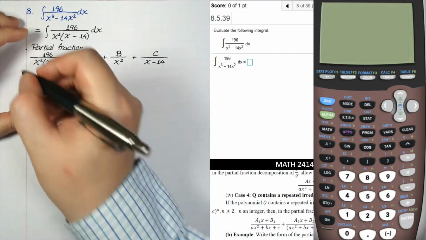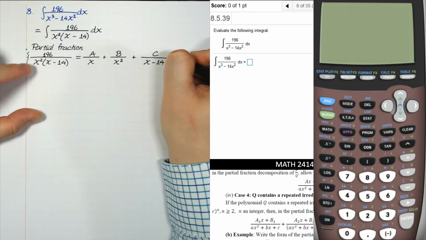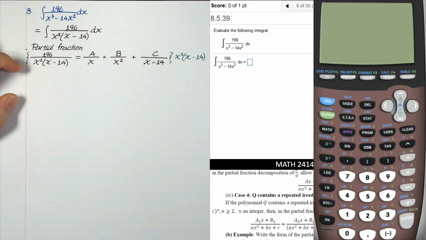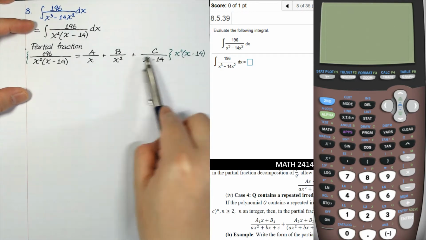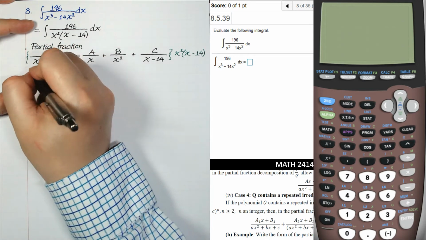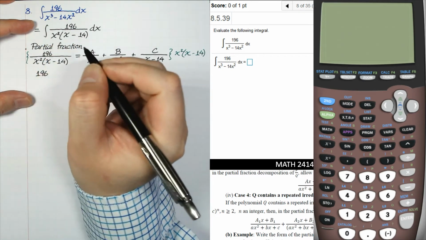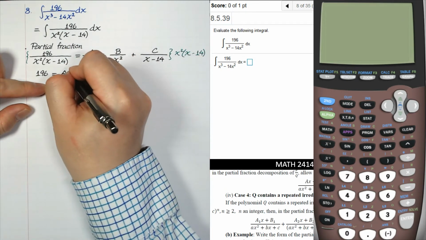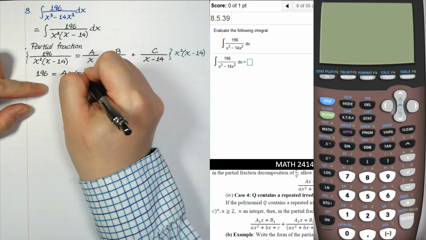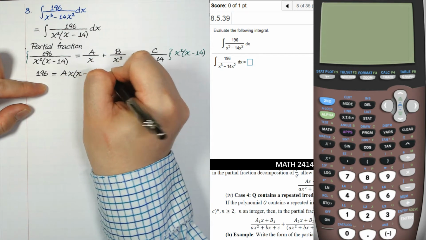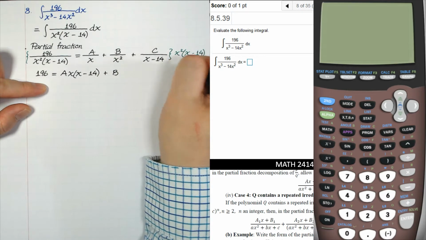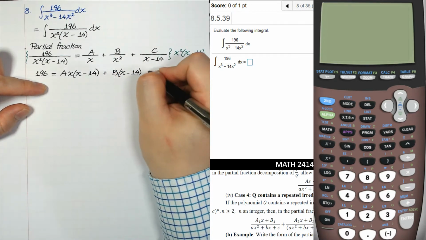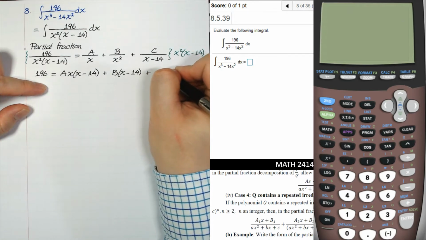Multiply both sides by the common denominator of x squared, x minus 14. That cancels out. 196, and then we have A times x, and x cancels out, we have an x left, and then x minus 14, x squared cancel out, x minus 14 cancel out.